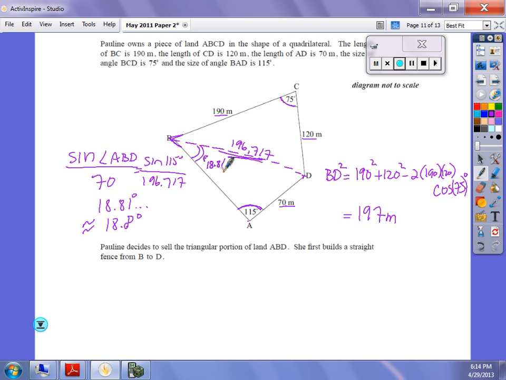So we've got two sides. We need to figure out what this angle is, because to use the law of sines, we need an included angle. So we know that if this is 18.8, we're just going to leave that to 3 sig fig, then this angle, since they all add up to 180, is 46.2. Now I have two sides, here's side 1, here's side 2, and an included angle.